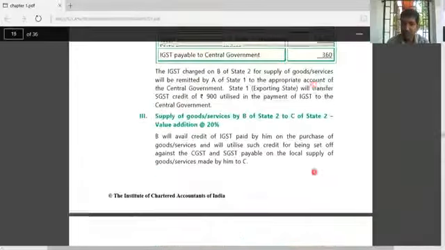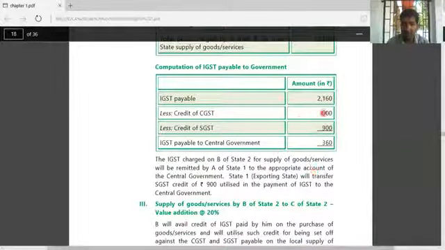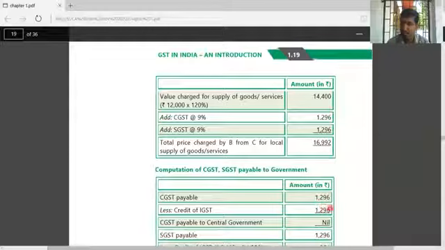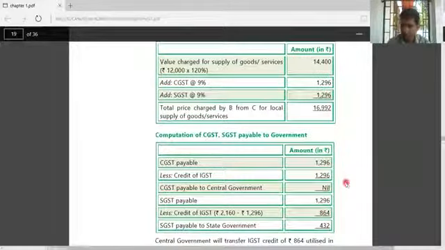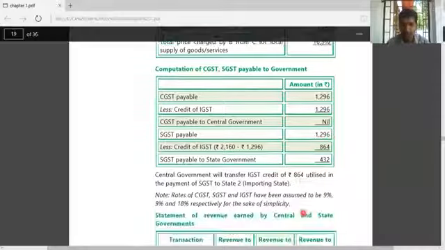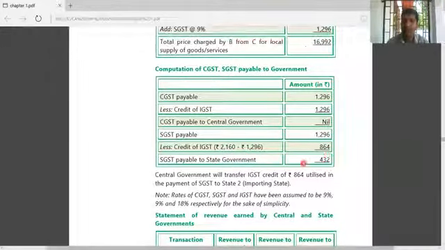IGST was 2,160 he paid. But here only 1,296 is there. So we will set off maximum possible 1,296. Then SGST payable 1,296. How much will we set off? We will set off the balance remaining of 2,160, which is 864, and the balance we will be paying to the state government.